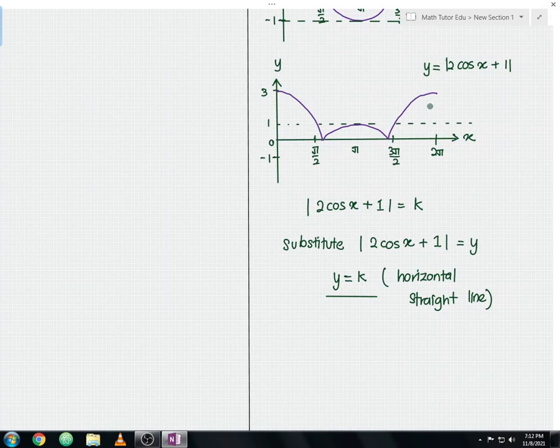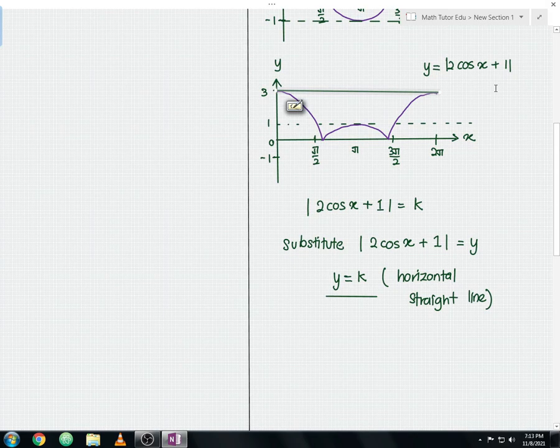For this step we're going to use the trial and error method, guys. There is no specific calculation for this step. We're going to start with y equals 3 itself. Let's say this is your y equals 3 straight line.